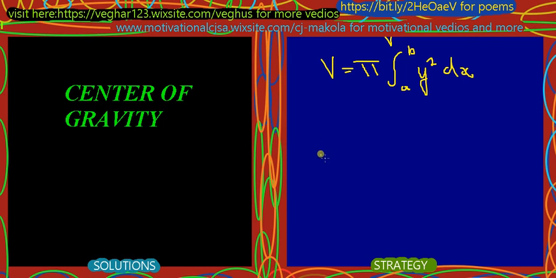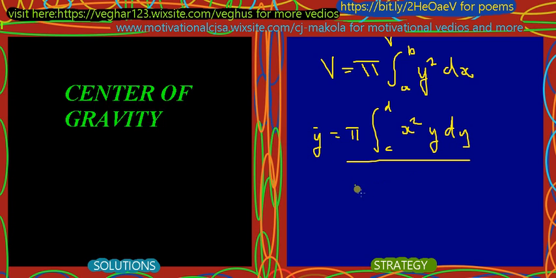You also have an x bar, which is another equation, which you get from there. When you have to calculate the x bar, it is also concentrated on the disk part of the volume.